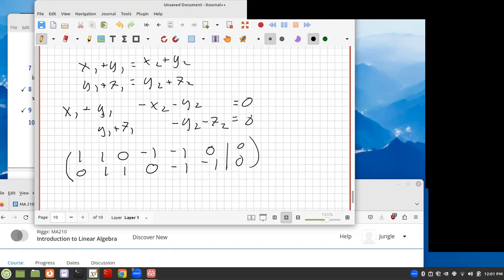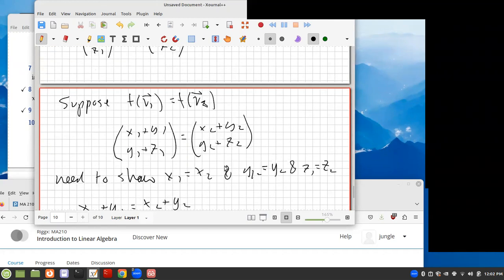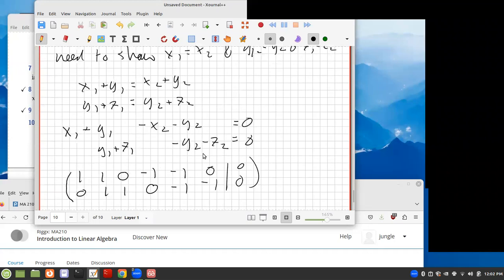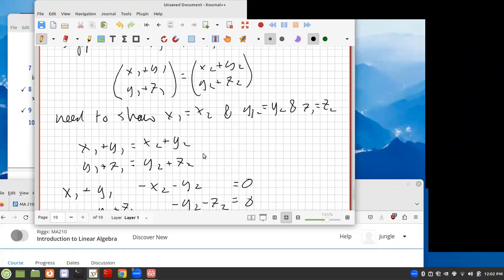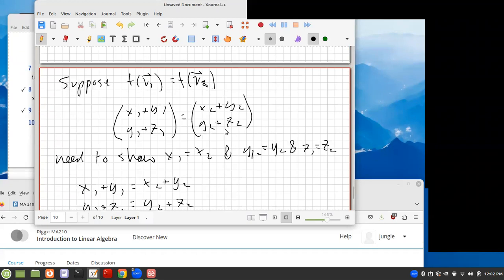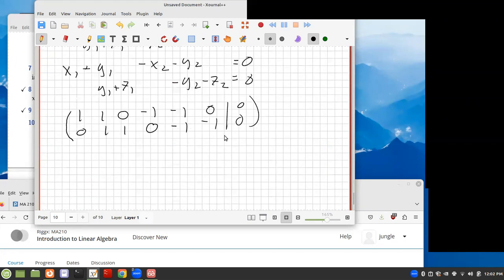And we're going to be able to choose y2 and z2 freely, so they're not equal. It'll be easier to see the point of this system when we do one where you can show that it's one-to-one. So this one is not going to be one-to-one, because we needed to show that y1 was equal to y2, but y2 is a free variable and y1 is a leading variable.